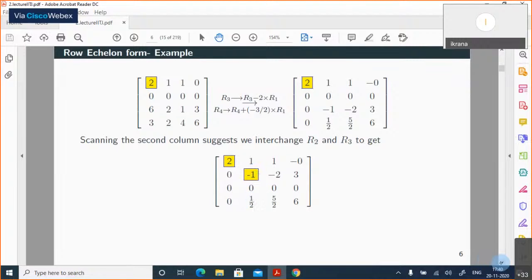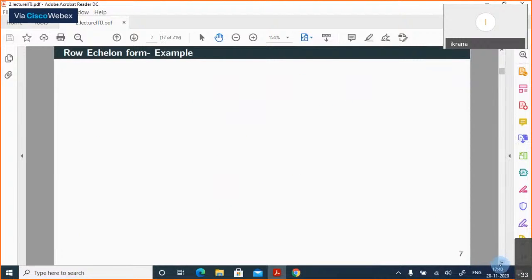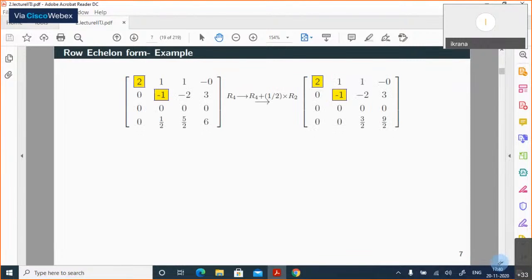And go on doing. So elementary row operations, only the ones we specified, we are doing. Once you do that, this will become -1, right? This will become 0, 0. And now forget the second row, second column, look at the remaining. So that is 0, 3 by 2.